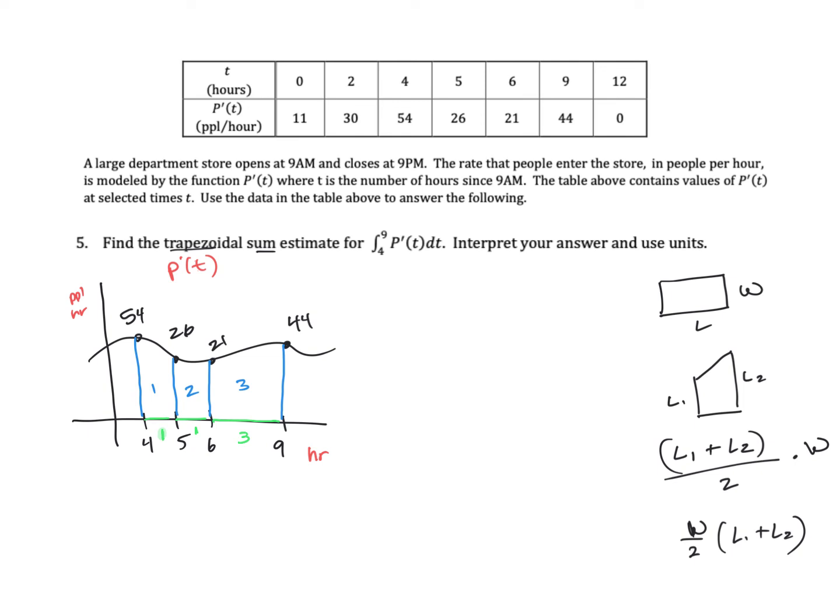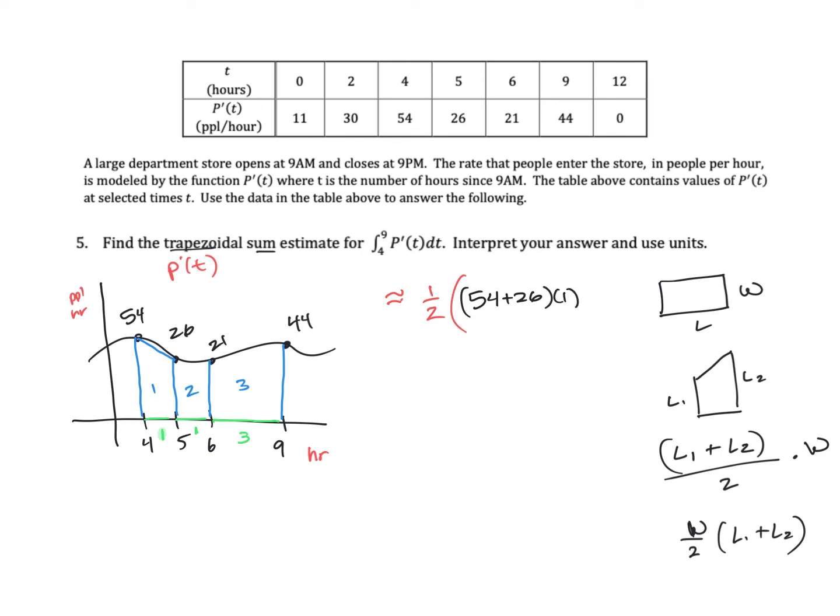The first thing we're always going to do is our 1/2. So this is approximately 1/2, big parentheses, and then we do the math. The first trapezoid is 54 plus 26, and that width is 1.